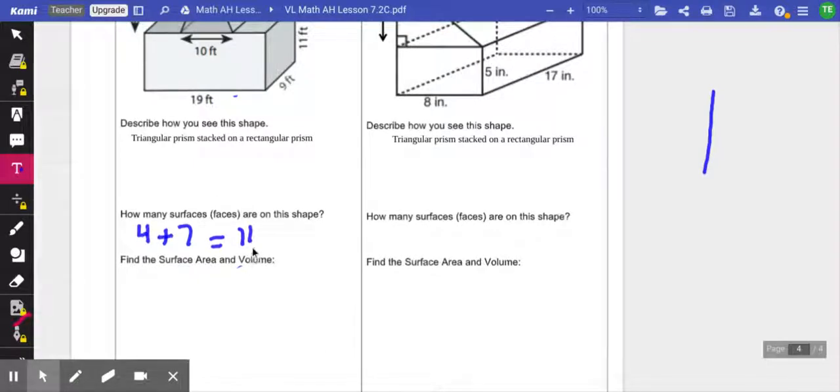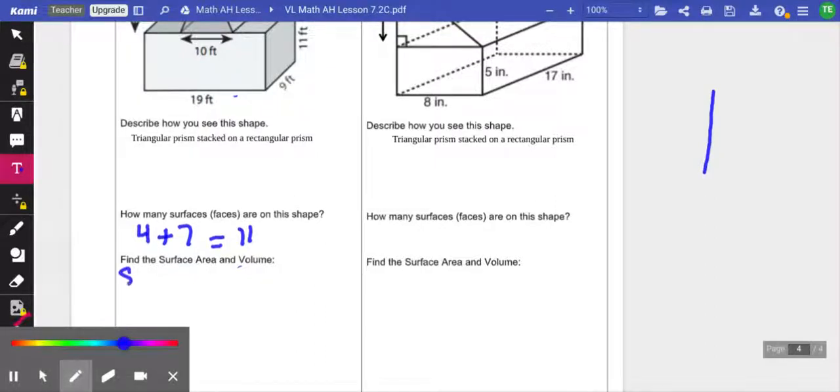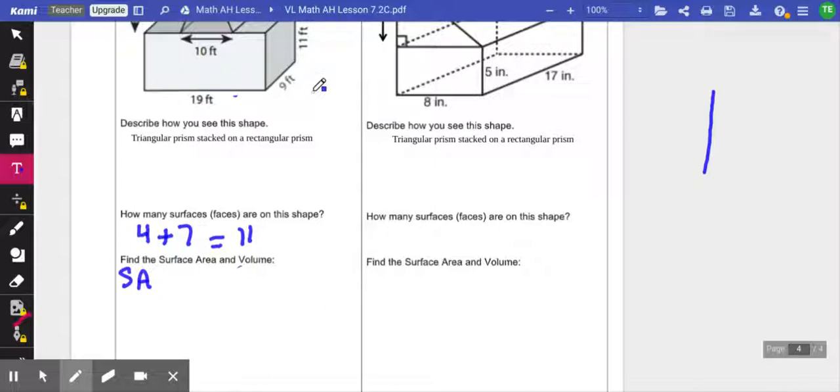So I need to kind of plan out what I am doing. For my surface area, I'm going to first pay attention to the rectangular prism. I have a front and back, and they're the same. Front, back, rectangular prism. And I have a left and right that are the same.